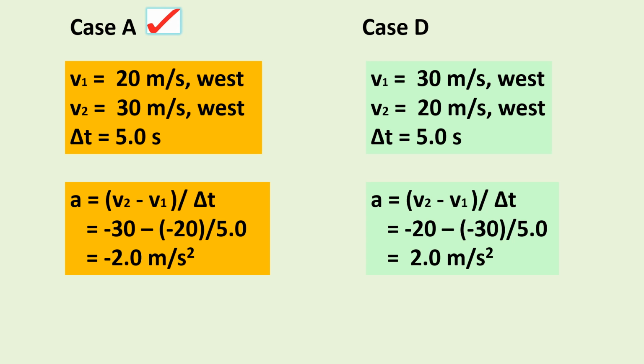This doesn't jive with what was required in the question. In the question, we wanted a negative acceleration, but having these assumed values for velocity, the acceleration came out to be positive. That is the reason why case D is not accepted as a possible answer.